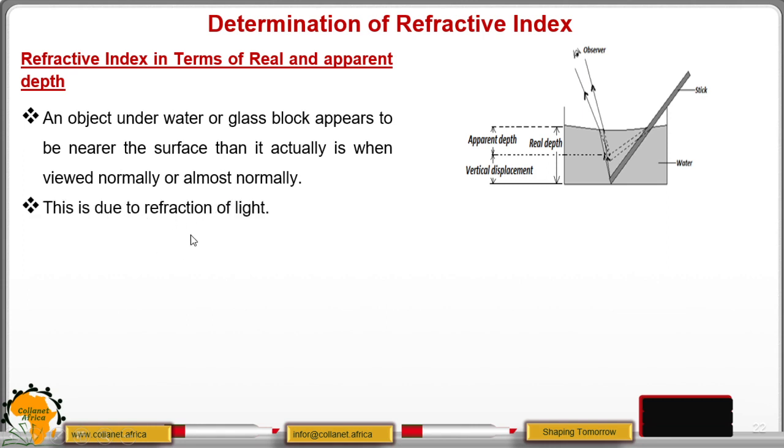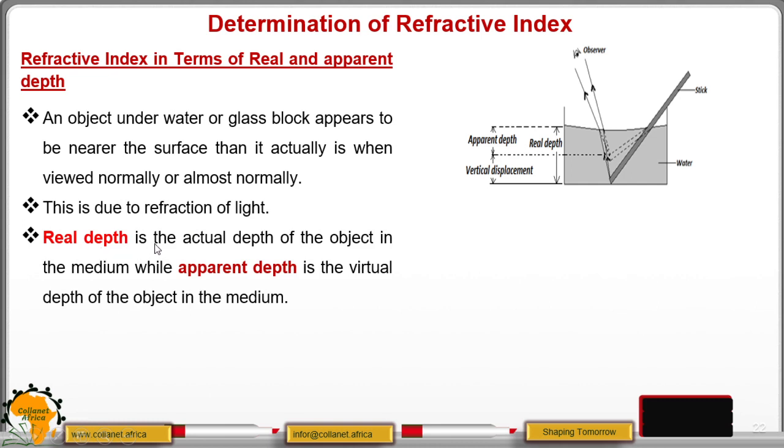This is due to refraction of light. Remember we said that refraction of light is due to the change of velocity as light travels from one medium to the other. The real depth is the actual depth of the object in the medium, while the apparent depth is the virtual depth of the object in the medium, or the depth at which the object appears to be. It's not real, that is why we call it the virtual depth.